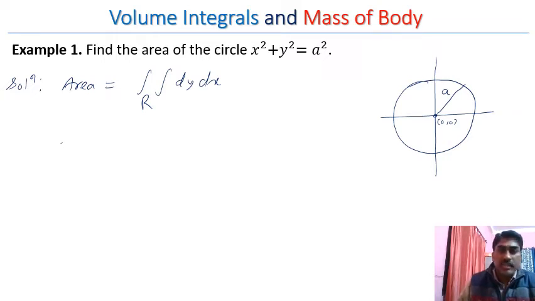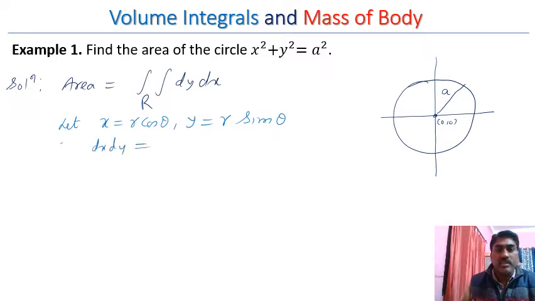So let x be r cos theta and y be r sin theta. We have also learned through Jacobians that dx dy is equivalent to the Jacobian of x, y with respect to r, theta times dr d theta, and this Jacobian is r, so this is r dr d theta.